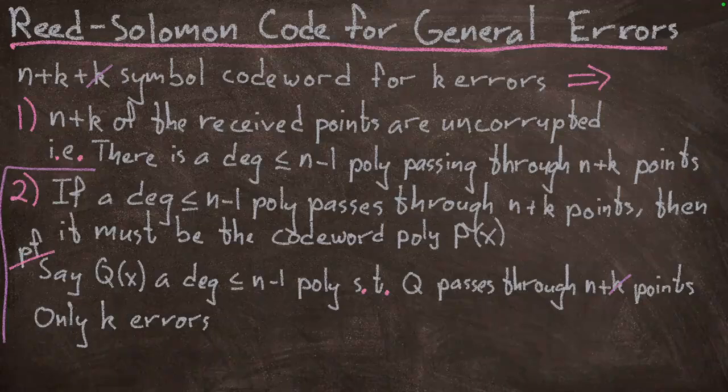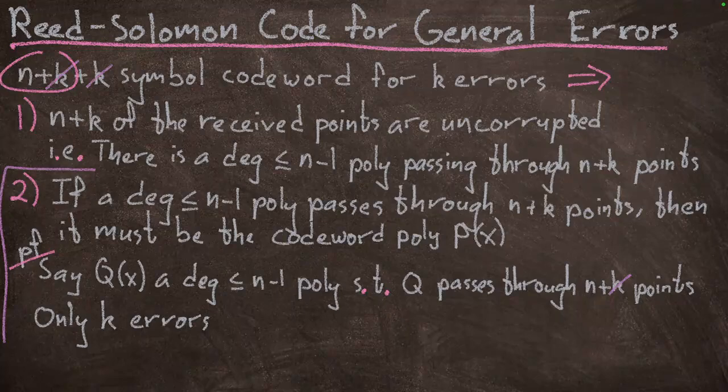So those must pass through that n minus 1 polynomial. Let's break this up a little bit more. If we know we only have k errors, we can chop off those k points. And if we go back up there, this is why we did n plus 2k, so we could chop off k twice. Now we've chopped off k for property 1, and now we're able to chop off k again to argue something for property 2.